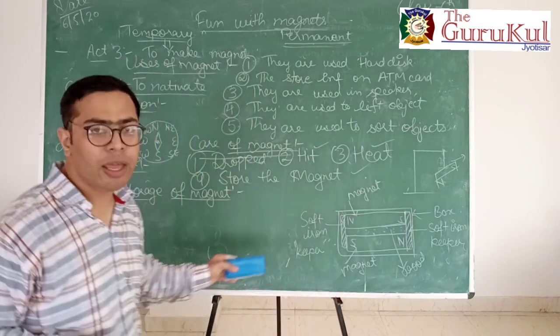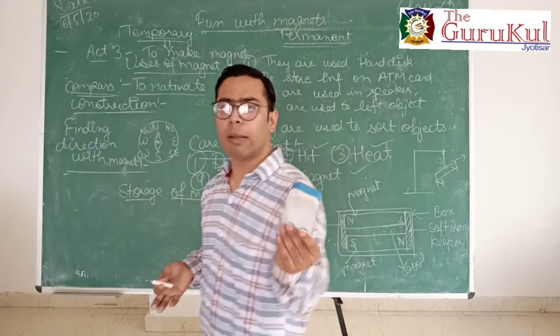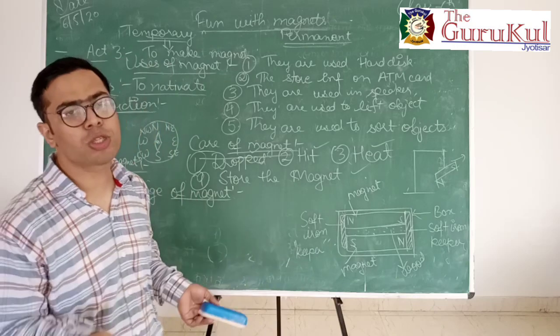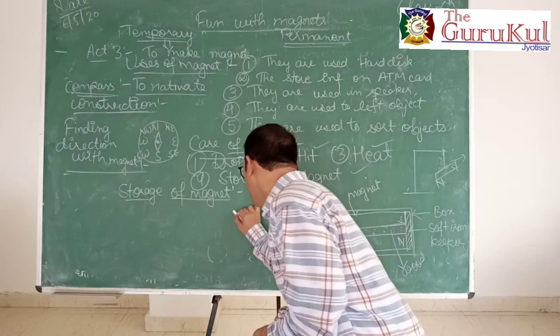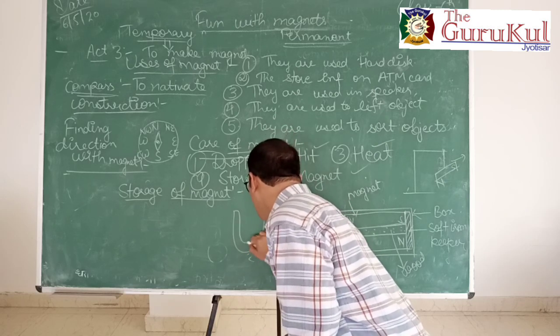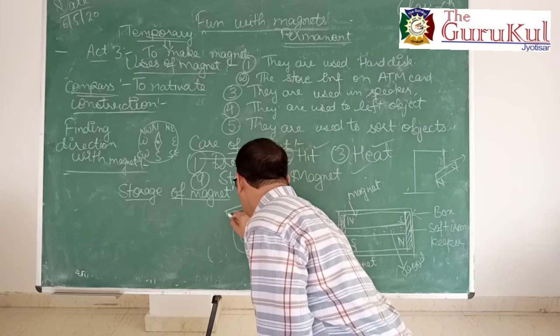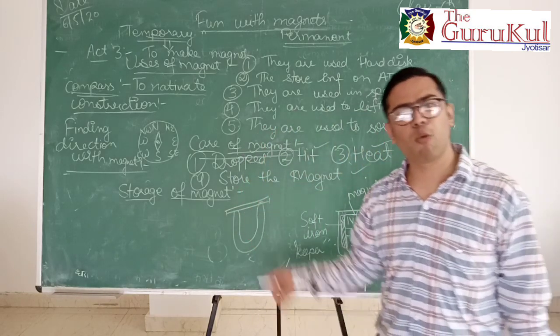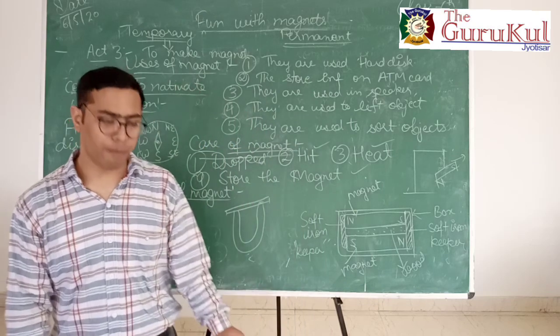In this way we generally store the magnets in our labs so that the magnet does not lose its magnetism. Suppose you have a horseshoe magnet. We place one keeper here, and in the middle we can place a wooden piece. In this way we can store the magnets.